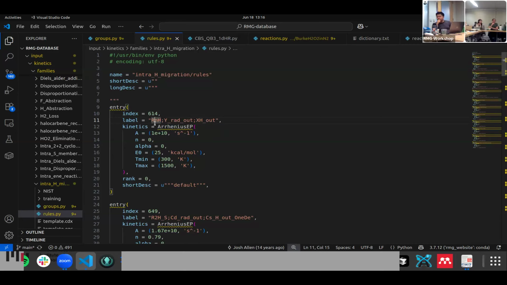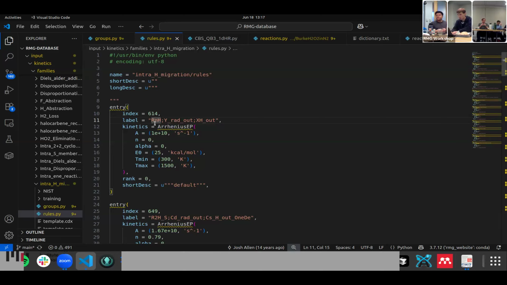Maybe a stupid question, but if I'm only a user, do you also need to define this tree, or is the tree only important for developers and the users simply say, I want to investigate A plus B to C, and the tree is automatically defined? That's a great question. So these are all predefined families that other developers have made.